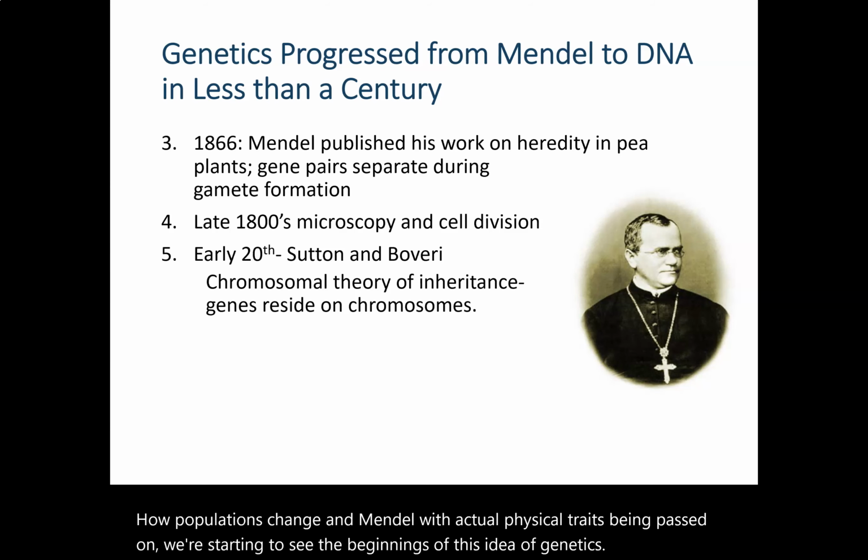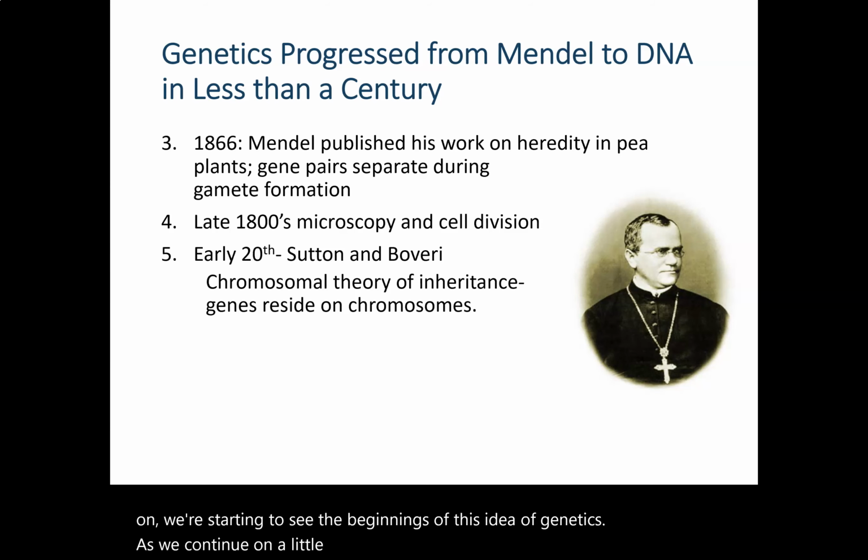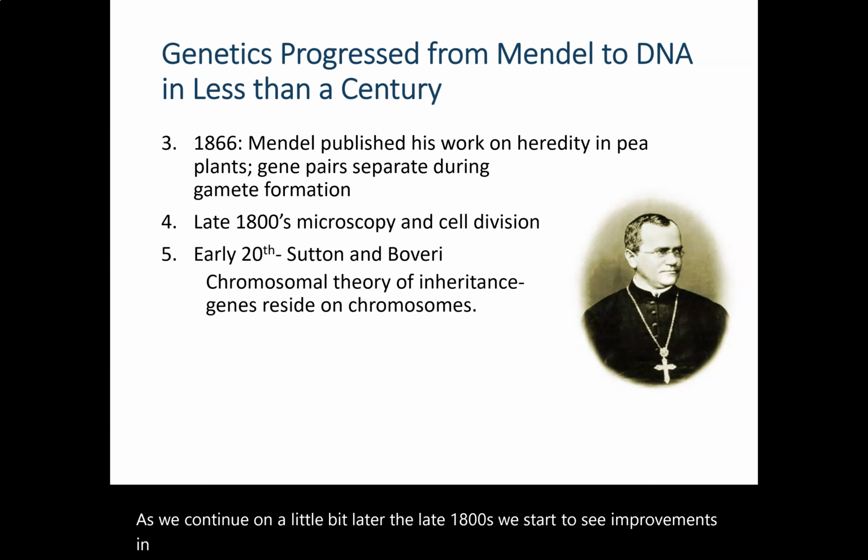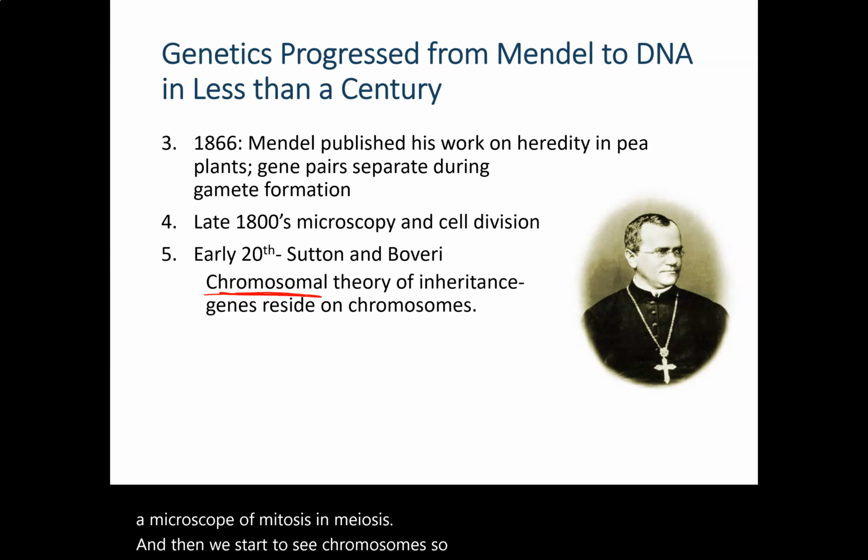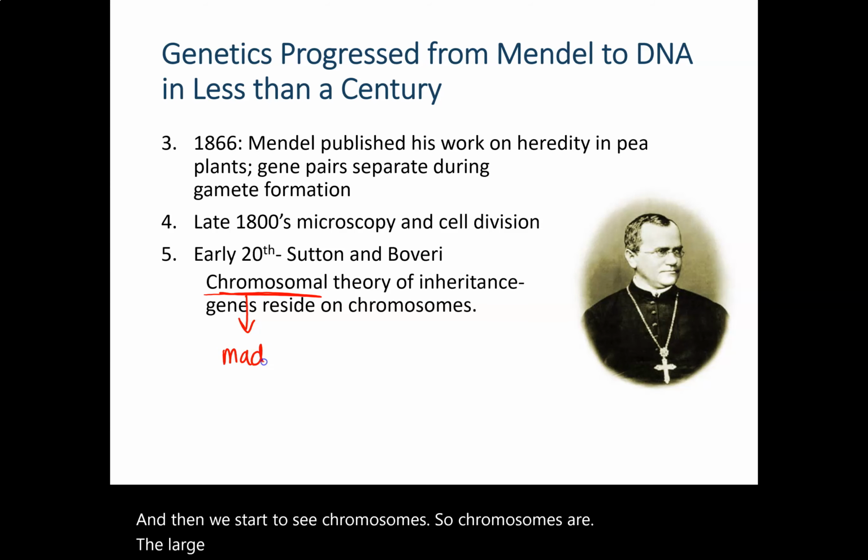As we continue on a little bit later, the late 1800s, we start to see improvements in microscopy. We see evidence of cell division. We start to see the processes in a microscope of mitosis and meiosis. And then we start to see chromosomes. So chromosomes are the large structures that are made of DNA.